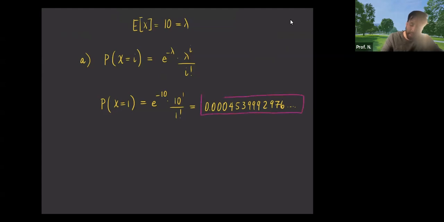So this is the probability. And if you want to, write it in scientific notation, 5.39 times 10 to the negative 4 power. So that's also another way you can express the probability.